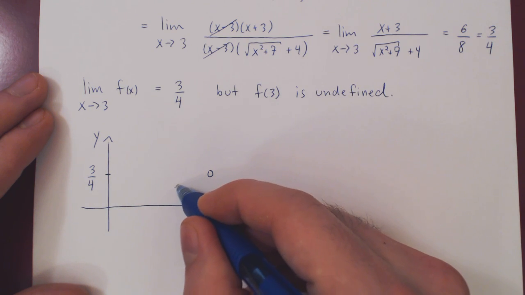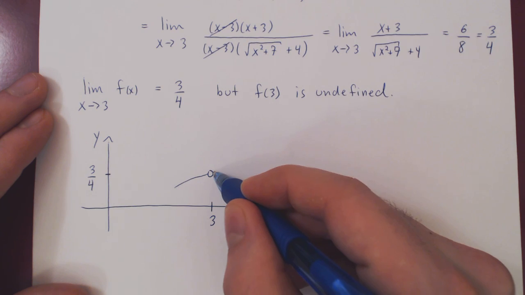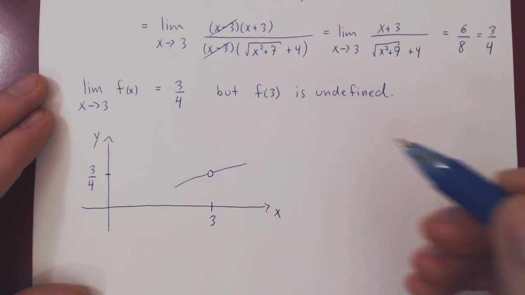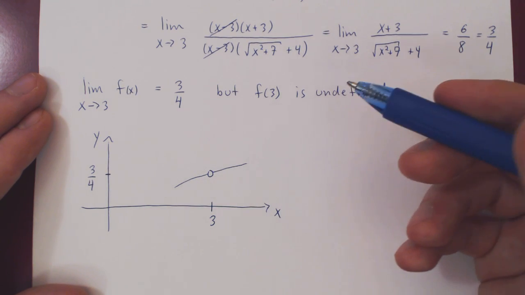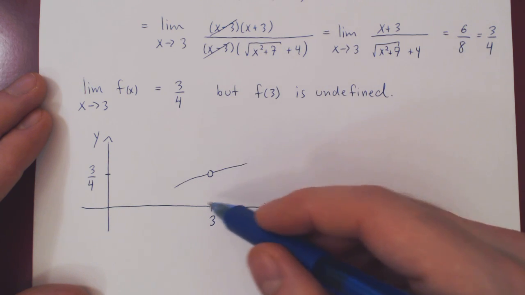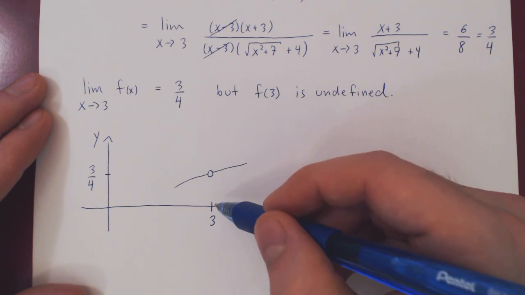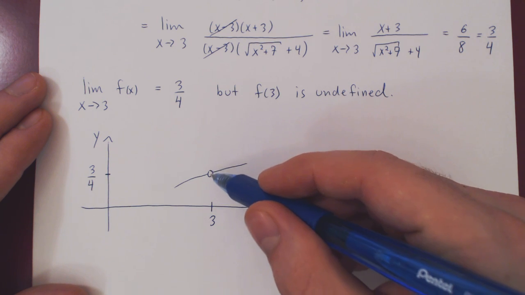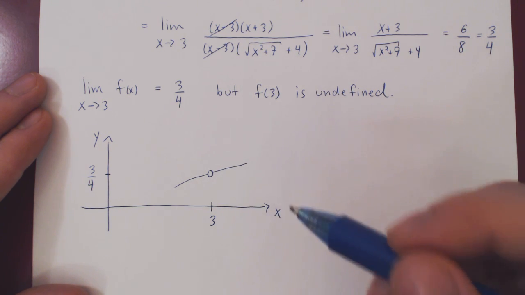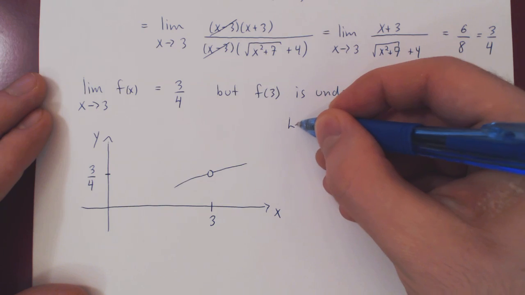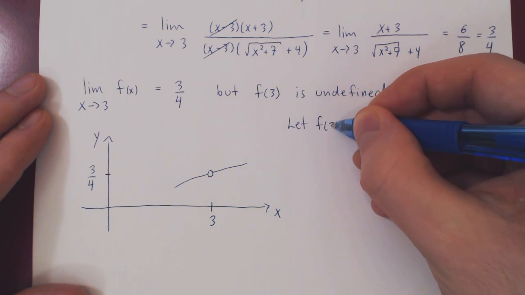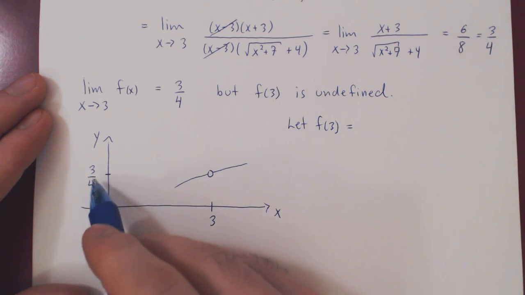I'll exaggerate the behavior, but it looks something like this. And if you notice once again, yes, there is a discontinuity, there is a break in the function, as there's a hole at x equals 3. But once again, we can fix this if we now define f of 3 to be 3/4.